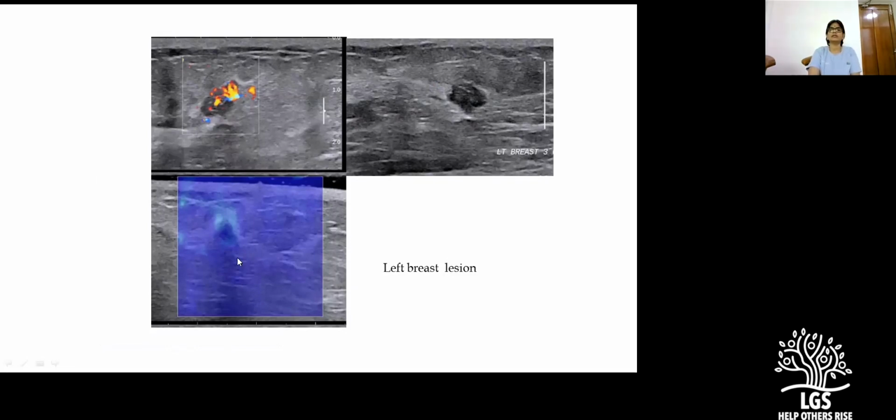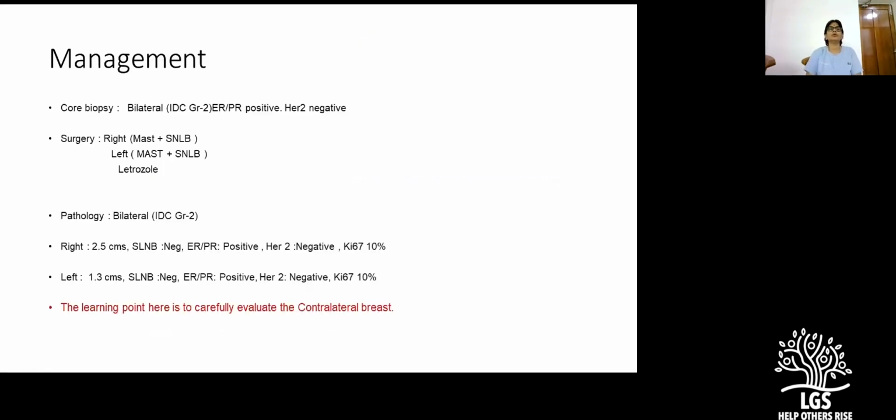On elastography, it's not very convincingly hard, but this one feature, the angular margin itself, with the blood supply like this, and a mammographic image that looked like that, we have to biopsy this. So we biopsied both, and it was indeed a bilateral infiltrating duct carcinoma, grade 2. Both were ER/PR positive and HER2 negative.